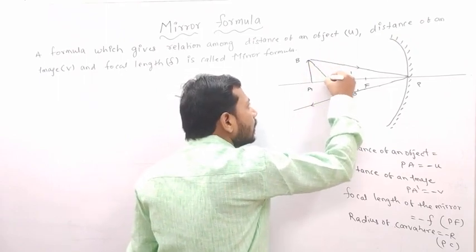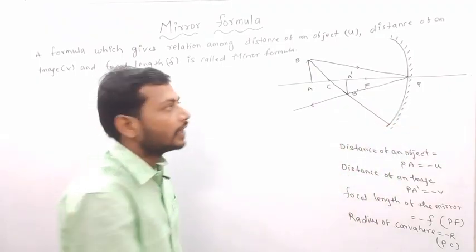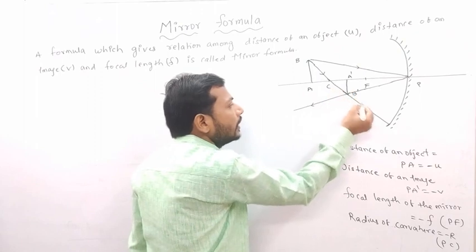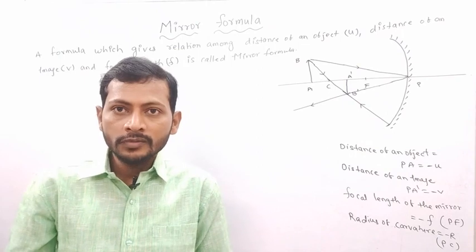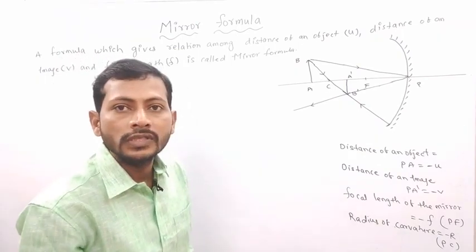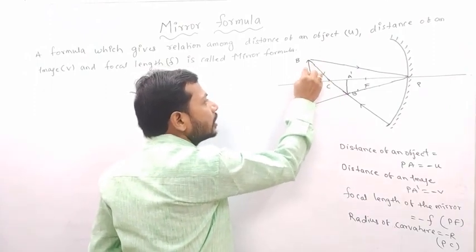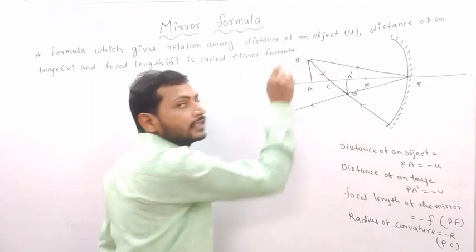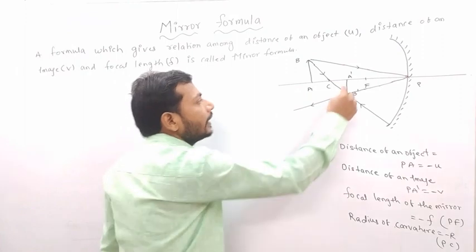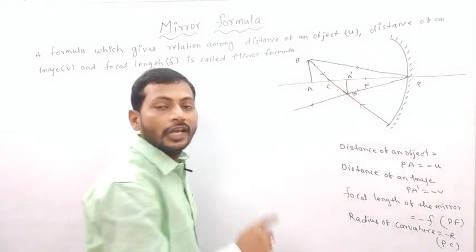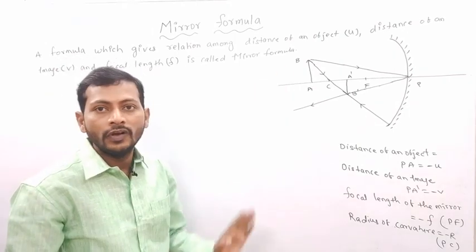Once observe here, if the ray is coming through C, you know very well, it goes in the same backward direction, along the same path. Then, if you observe clearly, we see two triangles: ABC, object to mirror, because C belongs to the mirror, and A dash B dash C, image to mirror. So our condition is going to be fulfilled very easily.